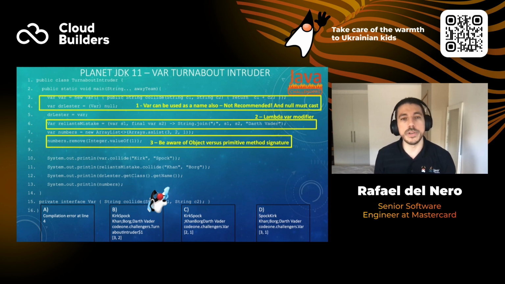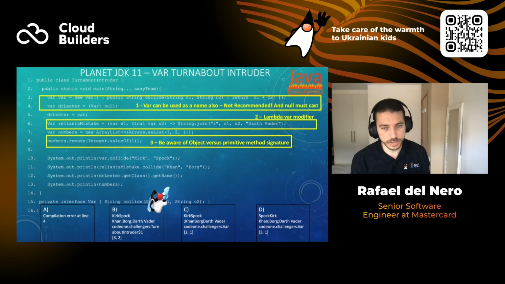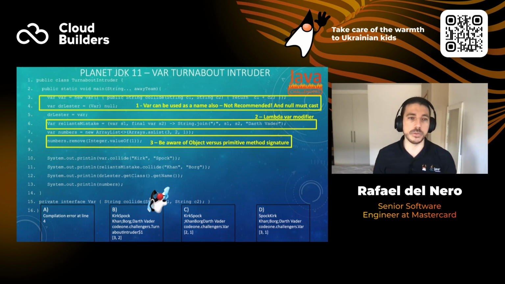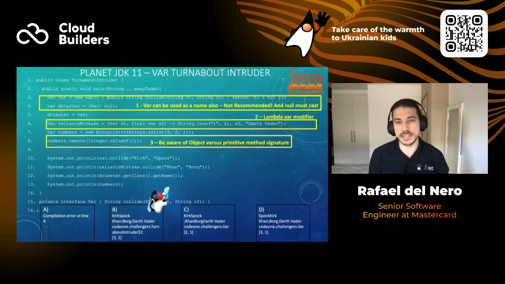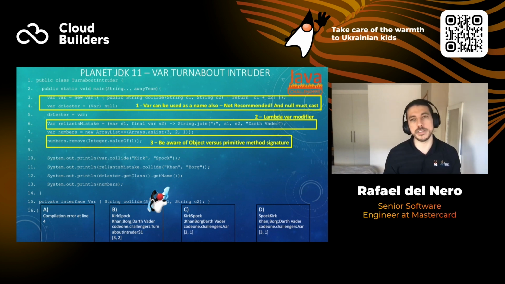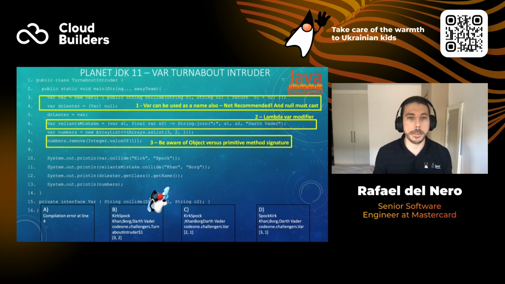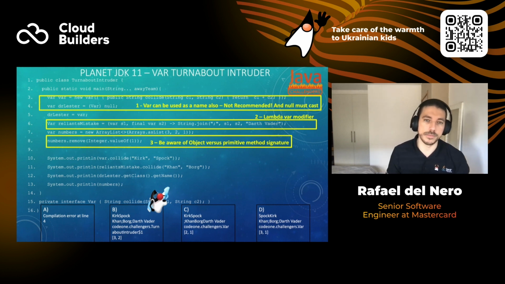So we'll not be removing the second element. Instead, we're going to be removing the third element. Why? Because the remove method is overloaded, which means that it can remove either the element by object or it can remove the element by the index. In that case, since the valueOf method returns a new integer wrapper, we're going to be removing the third element, not the second one.